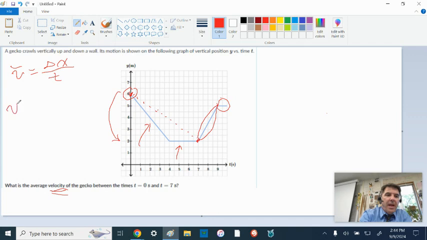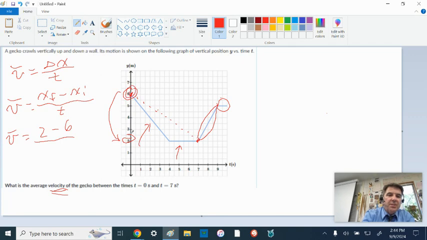Sorry, not 6. Displacement is actually defined as final minus initial, remember. So my average velocity is going to be 2 minus 6, because my final is 2 and my initial was 6.